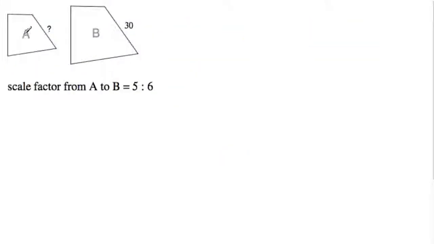So here, from A to B, that's 5 to 6. So 5 to 6 is this unknown value, x to 30. A to B, 5 to 6, x to 30. Here we get 150 equals 6x.